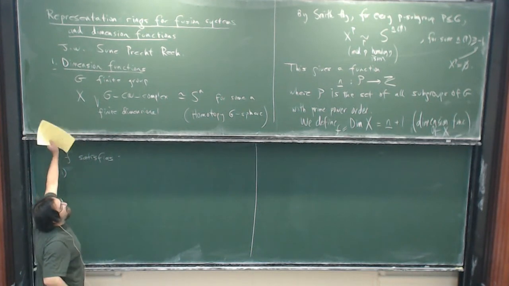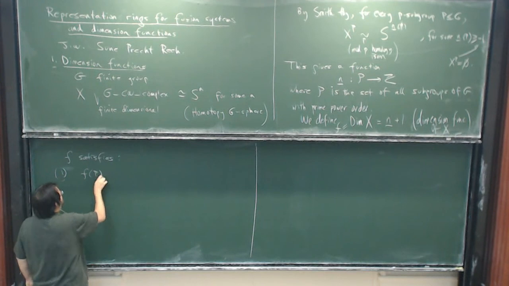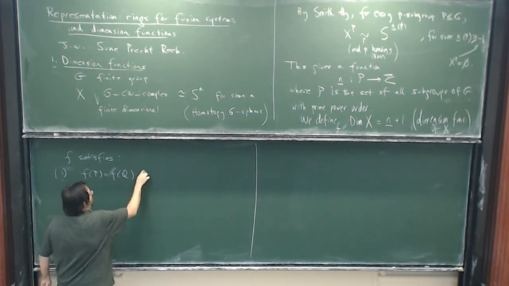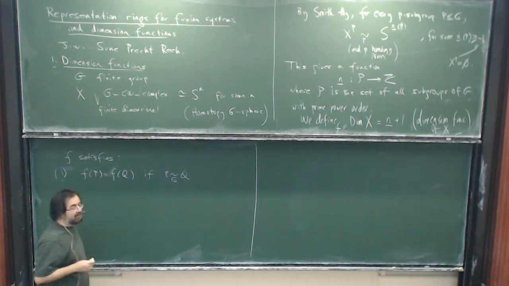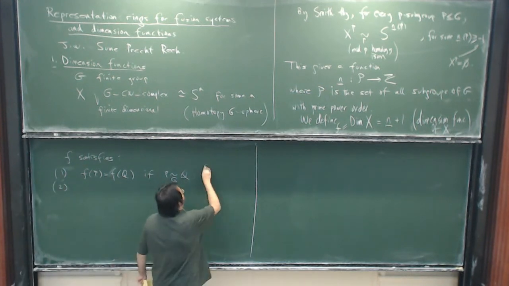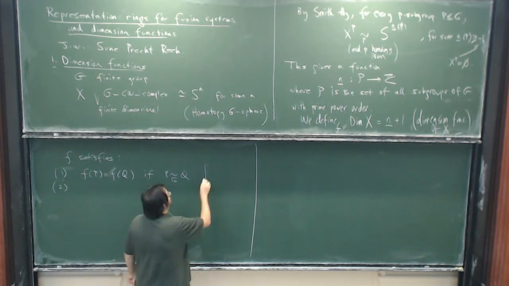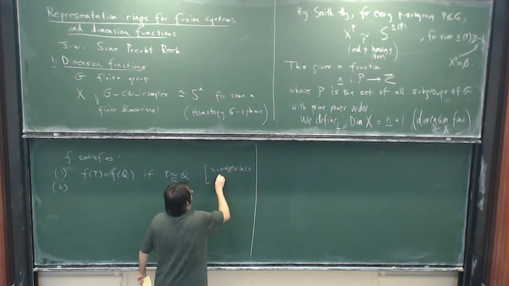For example, it's invariant under conjugation: f of P is equal to f of Q if P and Q are G-conjugate. Functions like this on the subgroups of a group are usually called superclass functions. They look like class functions, but they're defined on the subgroups.